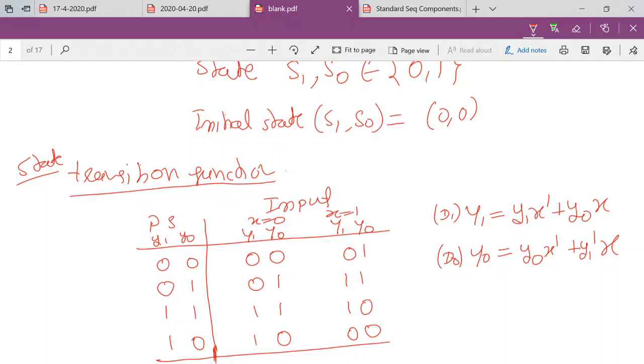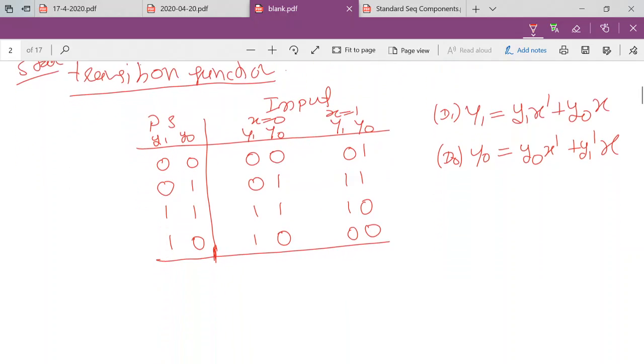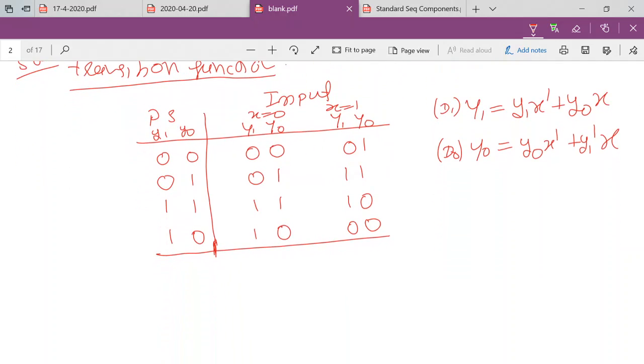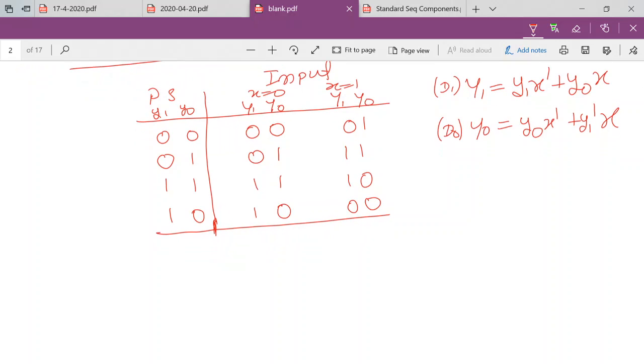Suppose the task is that we want to use delay flip-flops; how would the circuit look? There would be two delay flip-flops. Let me draw them. Suppose this is your D1 and this is your D0. You will implement the combinational module for this equation here.